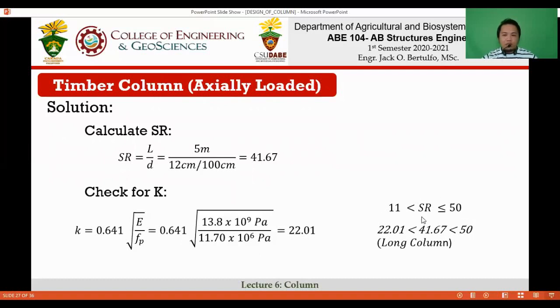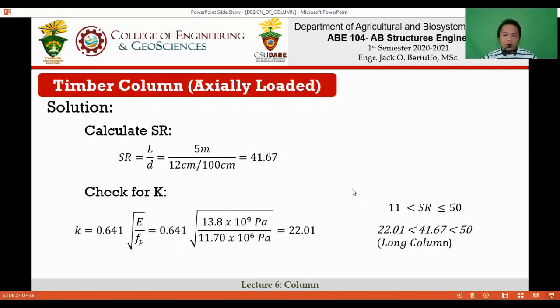So it will satisfy this equation here, that K is less than SR, then SR is less than or equal to 50. Sorry, it's K, not 11. Therefore, we can say that the column given by this problem is a long column because it falls under the criteria for a long column.